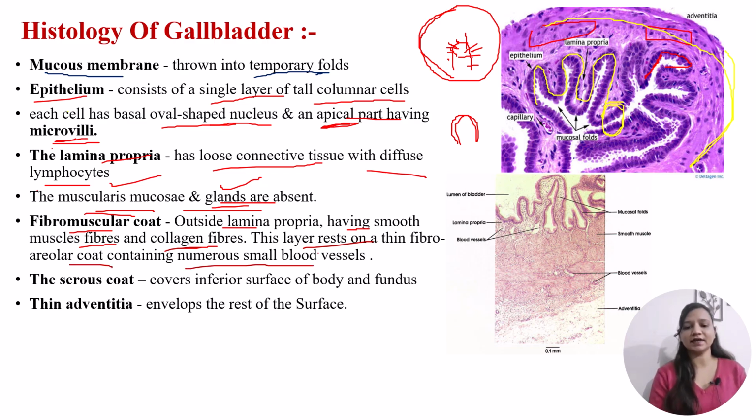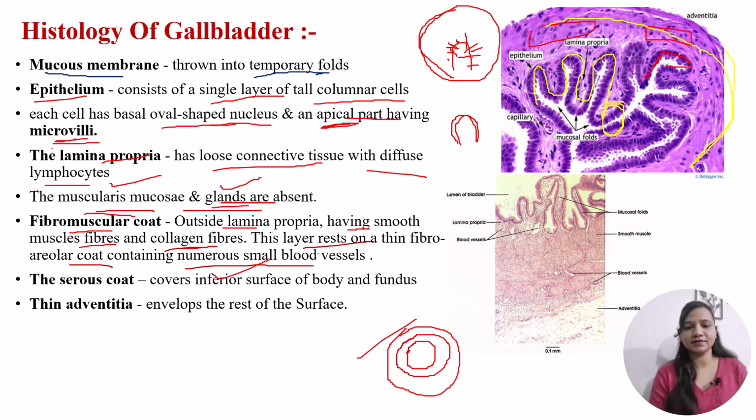So understanding the structure, this is the lamina propria. Outside it is the fibromuscular coat, and outside this fibromuscular coat there is a fibroareolar coat which has small blood vessels.